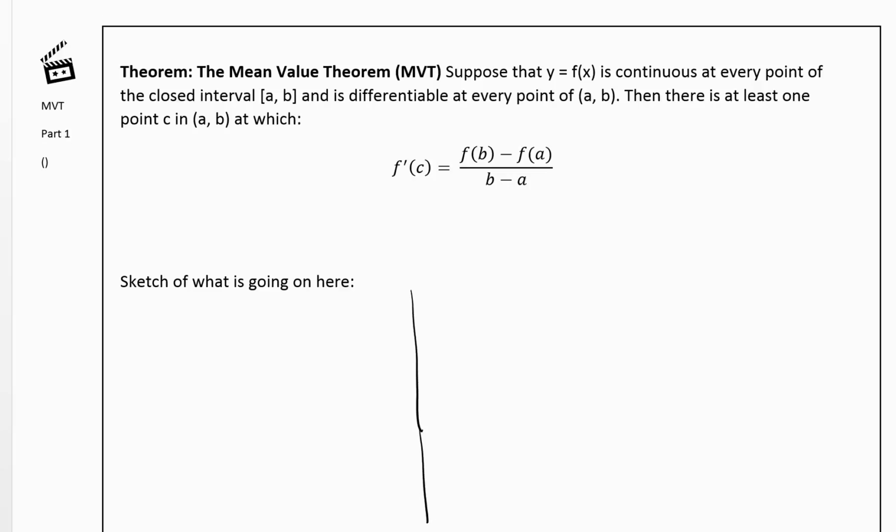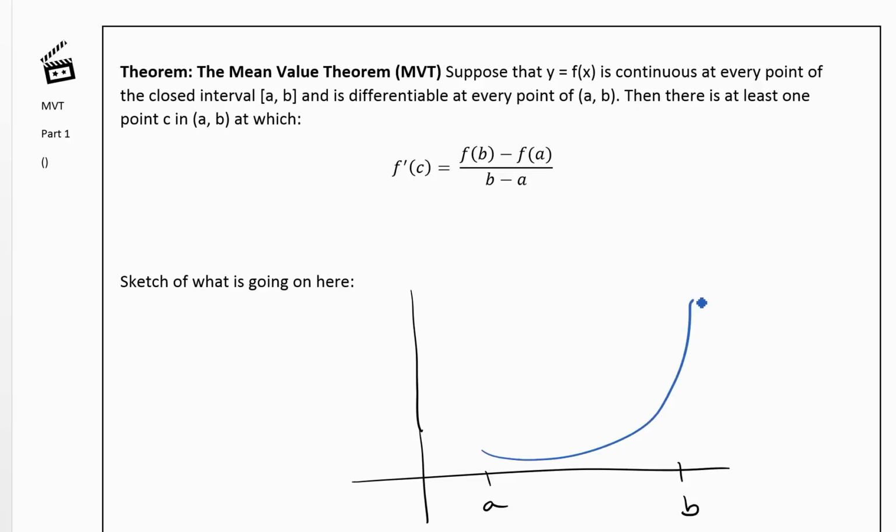So if we have our coordinate axes, and let's just say this is a and this is b, and maybe we have something like this.